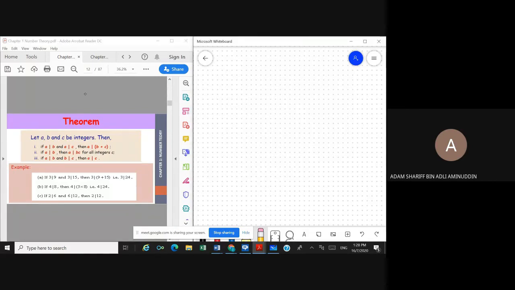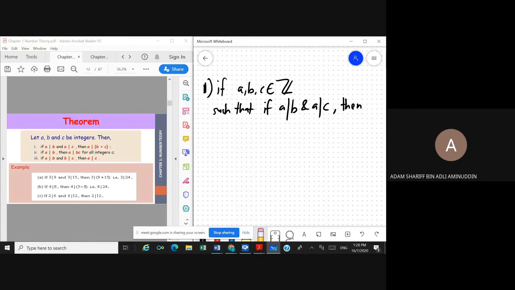You have a theorem. Let A, B, C be integers. Then, I restructure back the question, it's the same. If A is a factor of B and A is a factor of C, the implication is that A is a factor of the summation of B and C. The first challenge for you guys is to understand first what this theorem is all about.